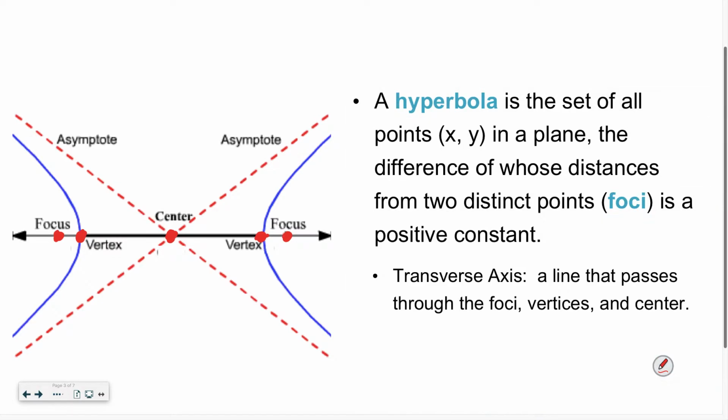So I'll have you write down the geometric property that a hyperbola is the set of all points the difference of whose distances from 2 points, the foci, is a positive constant. So here is our geometric property, what you just discovered with your measurement of the distances from coordinate to foci. The difference will always be the same.